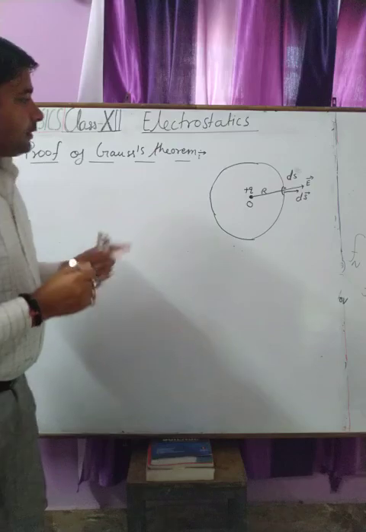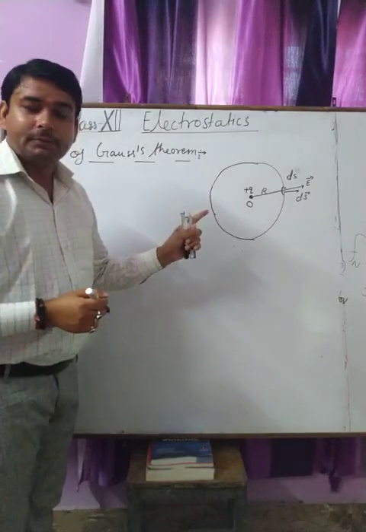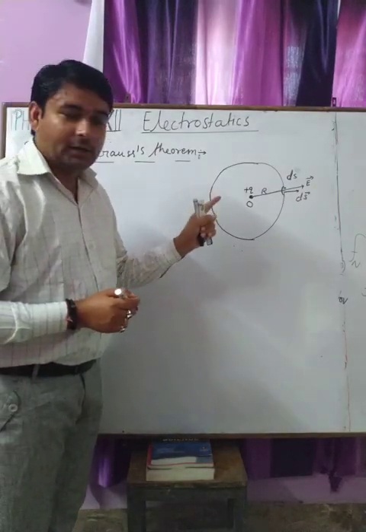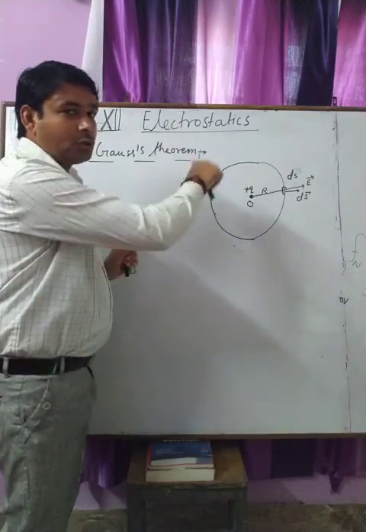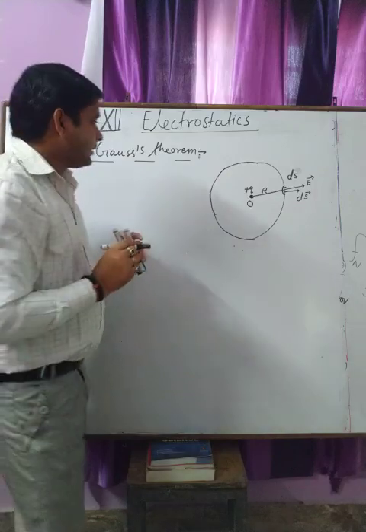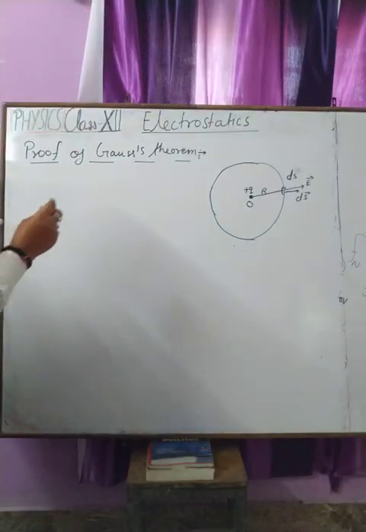Then we find the area vector of the element, and the electric field is radially outward for this isolated charge and for the spherical Gaussian surface. Now we write something.